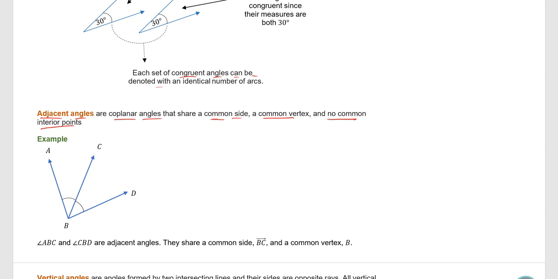But these two angles do share a common side, which is BC, and they do share a common vertex, which is B. But again, no common interior points. Separate interiors, here and here.